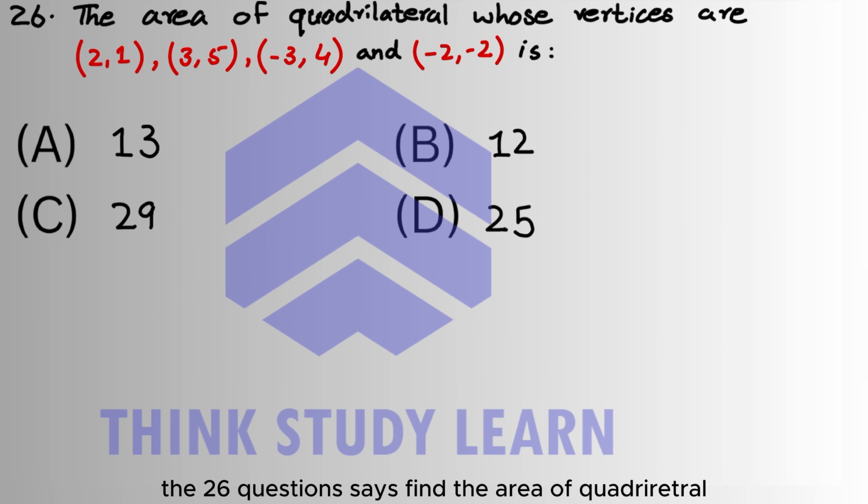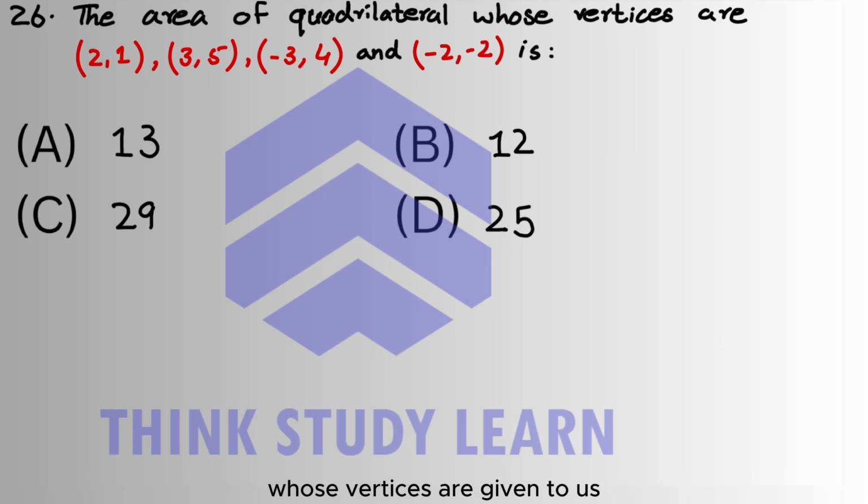The 26th question states find the area of the quadrilateral whose vertices are given to us, which are (2, 1), (3, 5), (minus 3, 4) and (minus 2, minus 2).